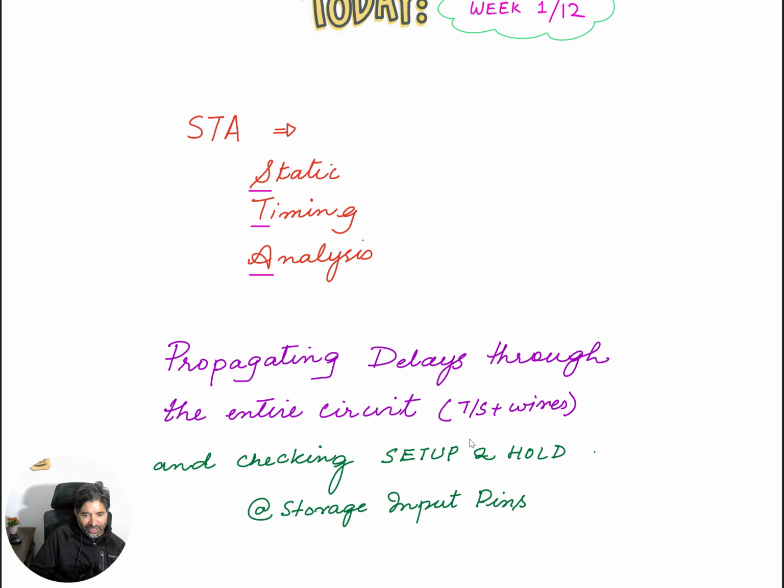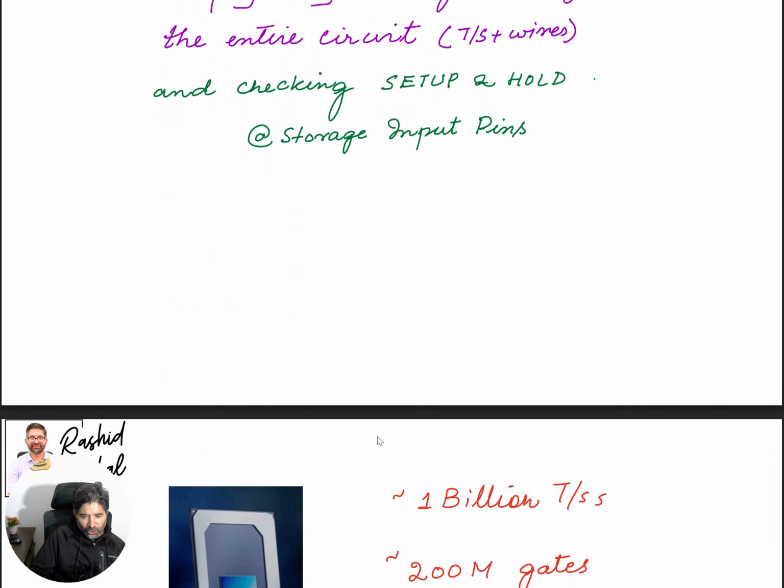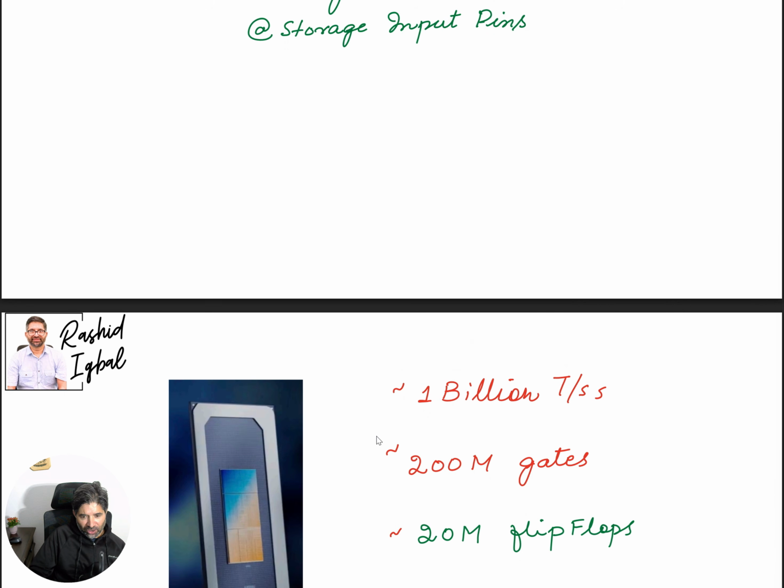But if you look at a modern chip these days, if I think of a chip made on 10 nanometer or 7 nanometer, okay, I'm just making some hypothetical numbers.